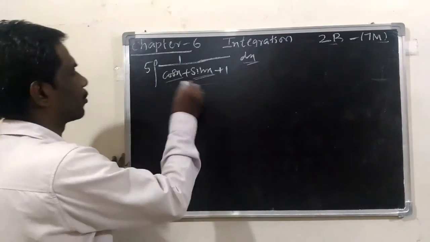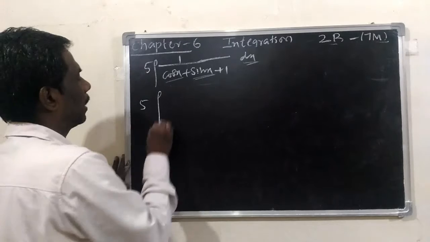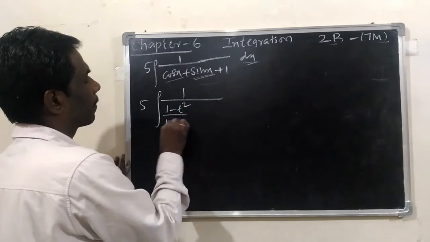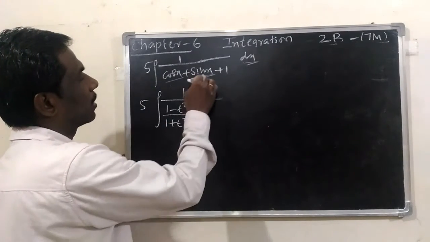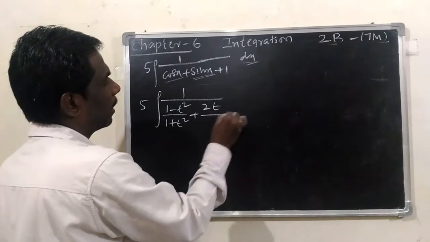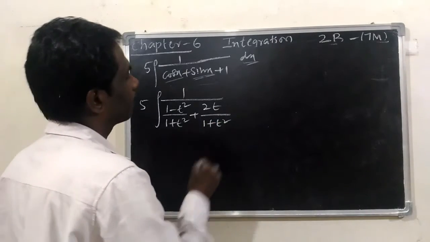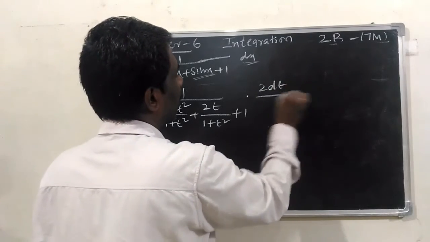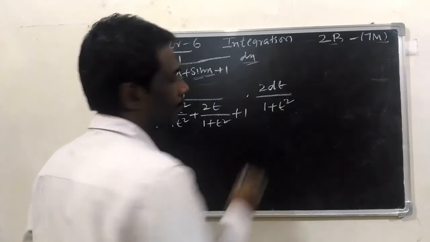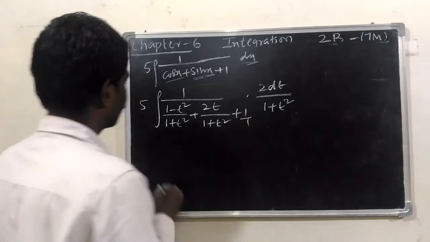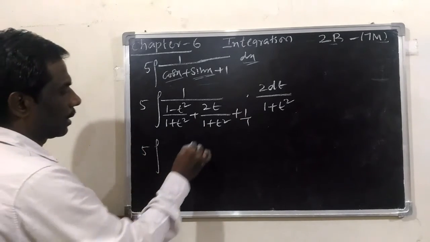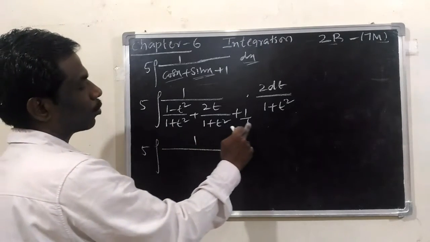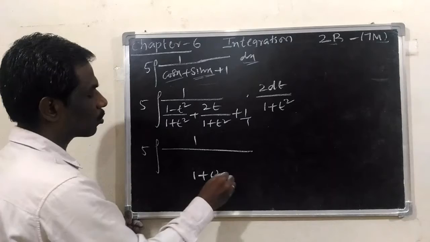Now I am simply substituting: 5 integral 1 by, cos x is 1 minus t square by 1 plus t square, plus sin x is 2t by 1 plus t square, plus 1, into dx, which is 2 dt by 1 plus t square. Here we can write 1 as 1 by 1. So 5 integral 1 by, do the LCM, which is 1 plus t square.